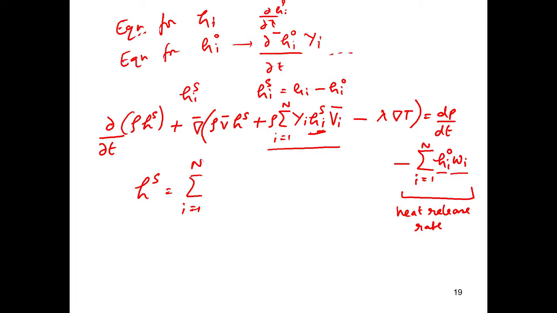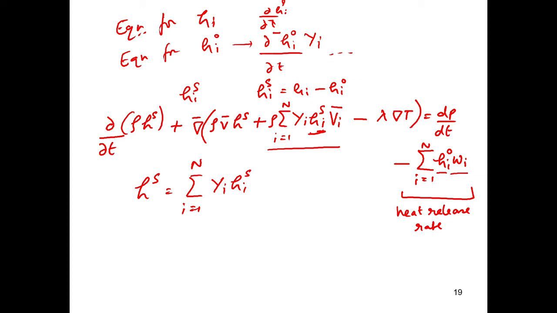Okay. So, this is our very important governing equation, the sensible enthalpy equation, and of course, here Hs is nothing but the summation i equal to 1 to n of Yi hsi. Okay.